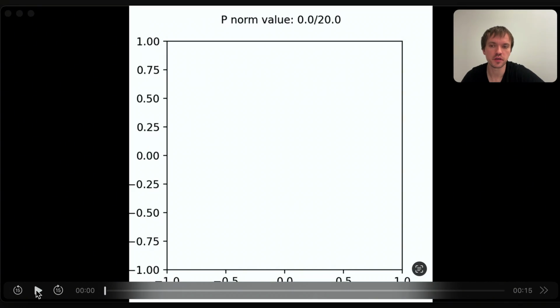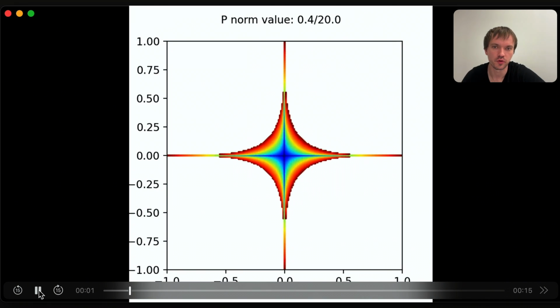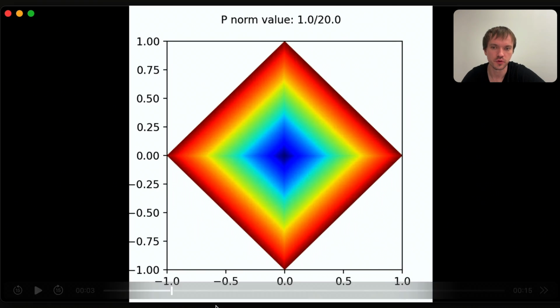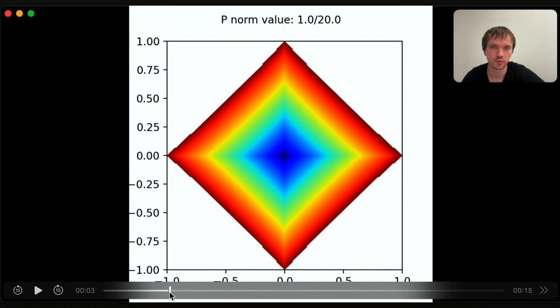So you can see here, if I run my animation for the code that I wrote, we're going to get the following ball. In this case, when p is equal to 1, we exactly get the norm which is given as a sum of the absolute values, in this case absolute value of x plus absolute value of y.